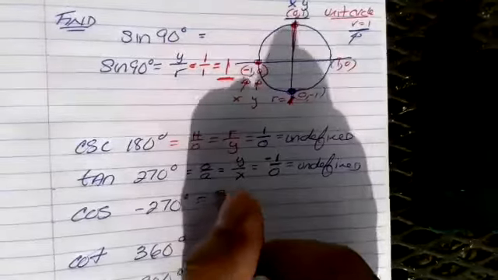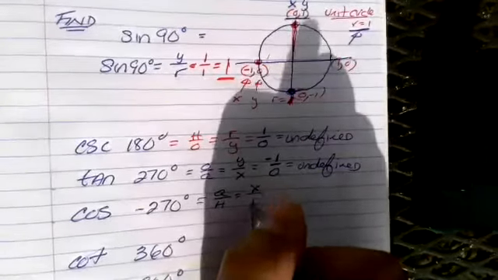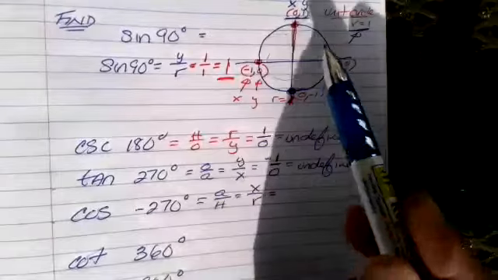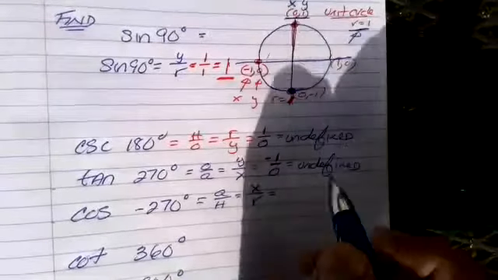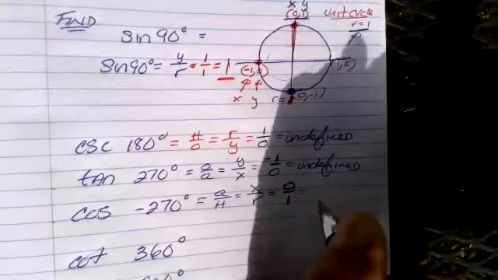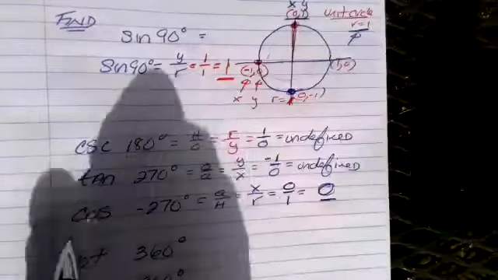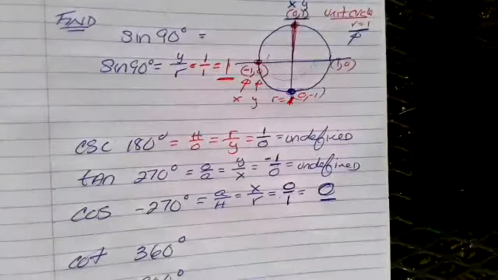Cosine is my adjacent over my hypotenuse, which is x over r. In this case, my x is 0 and my r is 1. So 0 divided by 1 is 0. So cosine of negative 270 is 0.